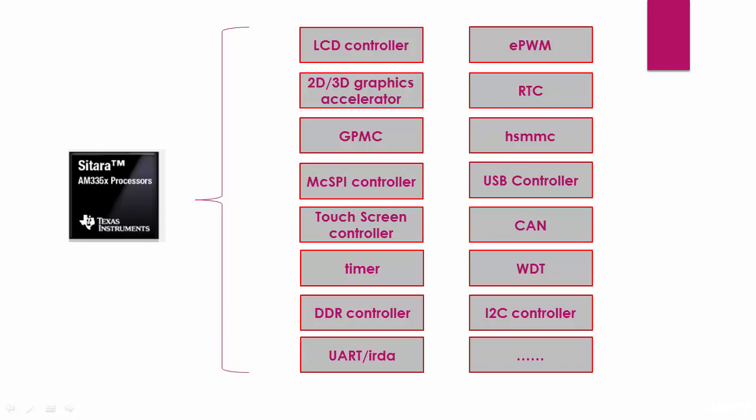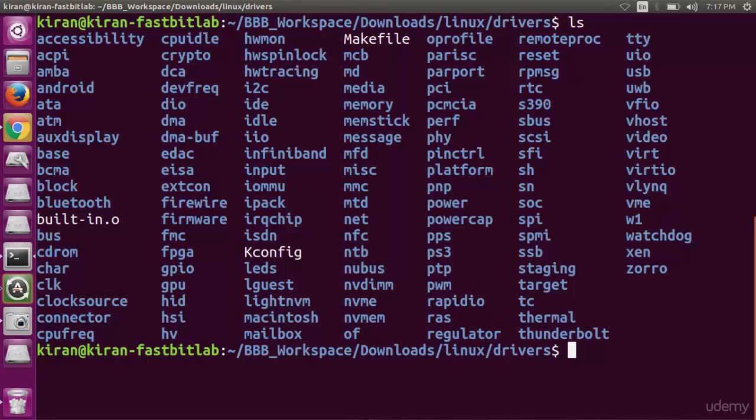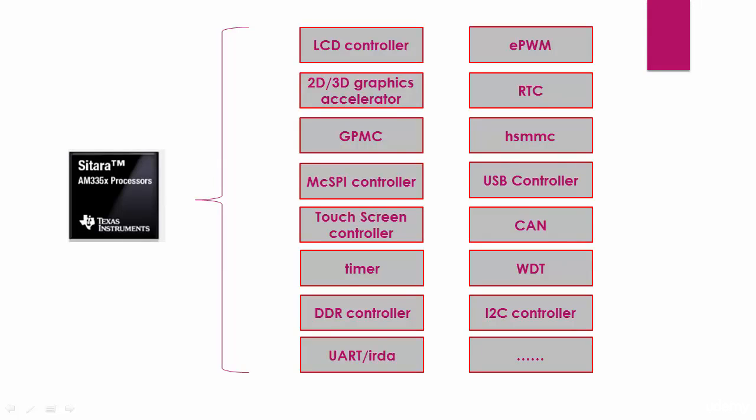Now drivers for all these peripherals can be found in this directory, in the respective subdirectories. The drivers will be given by the vendor, and in this case it is TI. They have their own maintainers who will maintain the respective drivers.